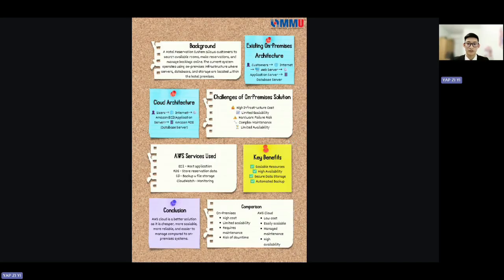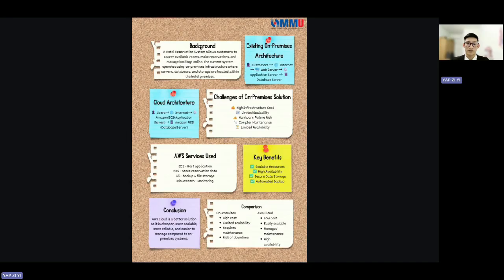A hotel reservation system is a software application that helps hotels manage their daily operations more efficiently. It is designed to handle important tasks such as room bookings, customer information management, room availability tracking, and reservation management.